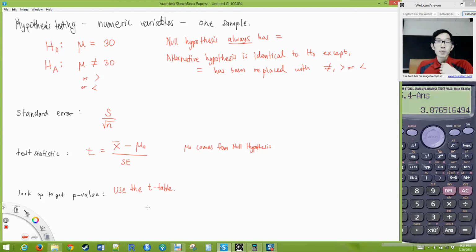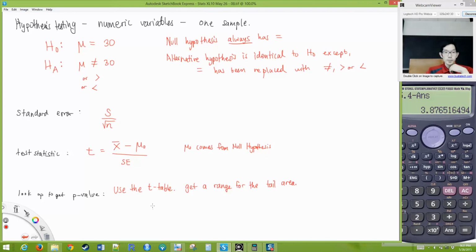That was the very first thing we did today. We're not going to get exact values, but we get a range for the tail area. So you use the t-table, and you get a range for the tail area. And this is how it works.